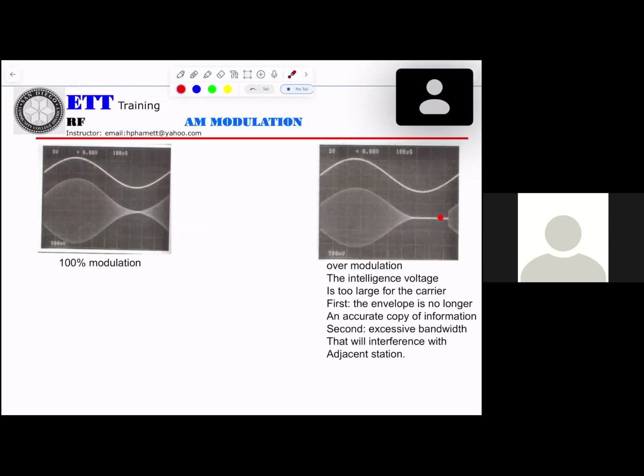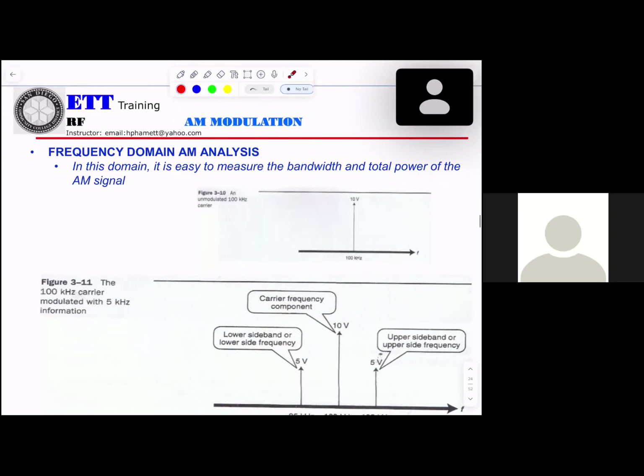That means this line is too long. The intelligence voltage is too large for the carrier. The envelope is no longer an accurate copy of the information. Second, excessive bandwidth will interfere with adjacent channels.